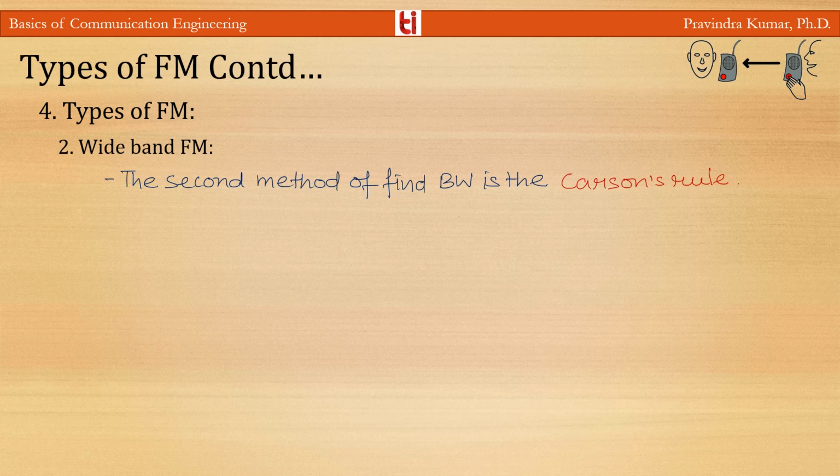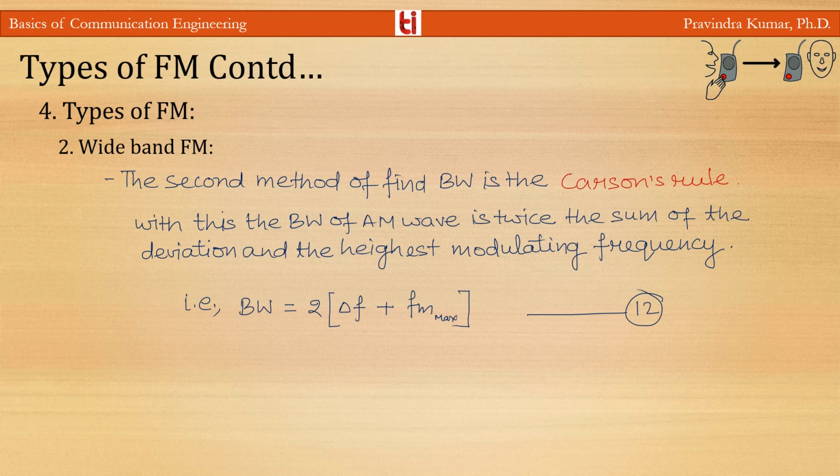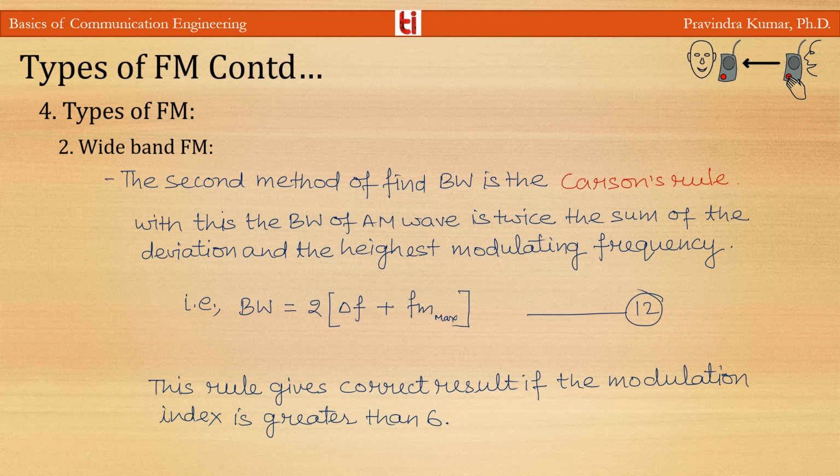The second method to find the practical bandwidth is a rule of thumb, Carson's rule. It states that the bandwidth of an FM wave is twice the sum of the deviation and the highest modulating frequency. So bandwidth is equal to 2(Δf plus fm), and Carson's rule gives a correct result if the modulation index is greater than 6.